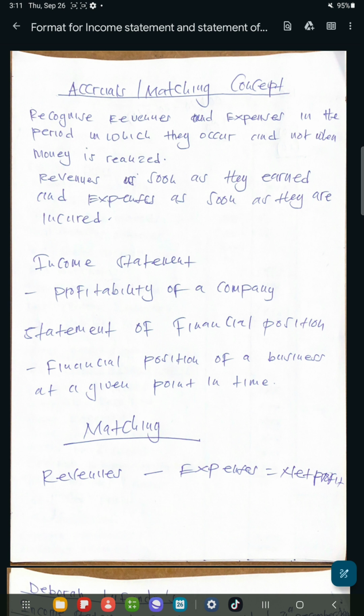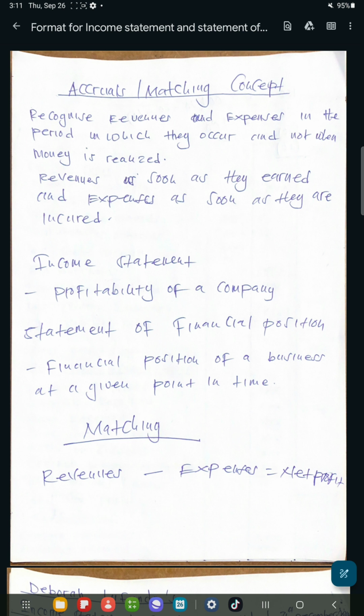In this tutorial video, we're going to be looking at the income statement. So basically, how do you go about preparing the income statement? Before watching this video, I'm sure you watched the previous video, which was about the trial balance.